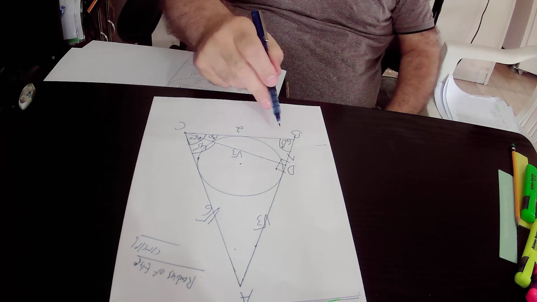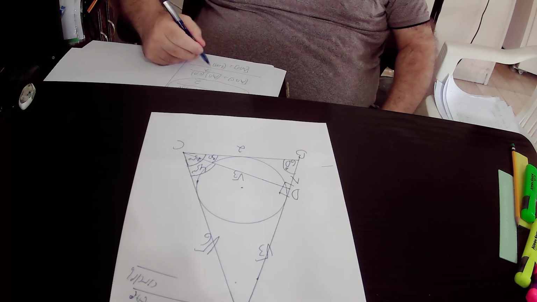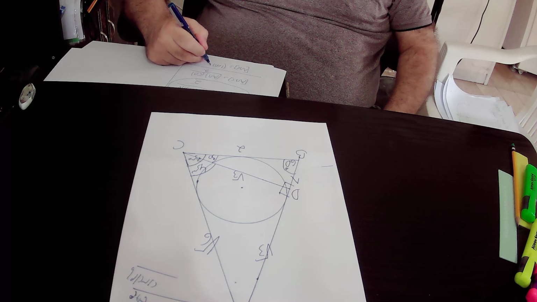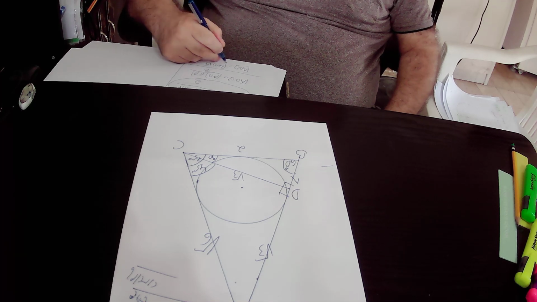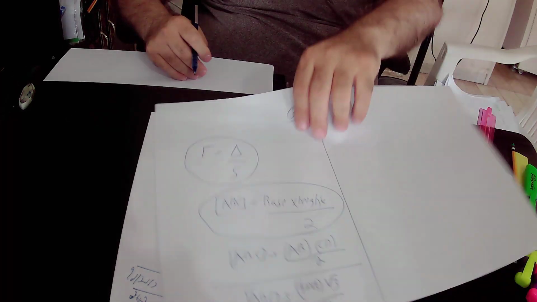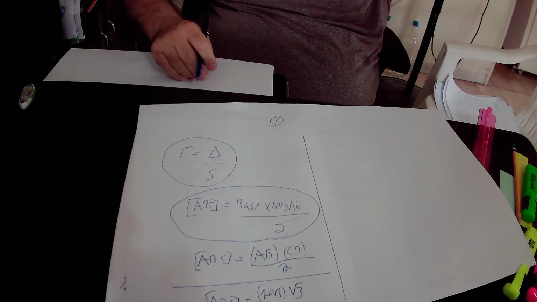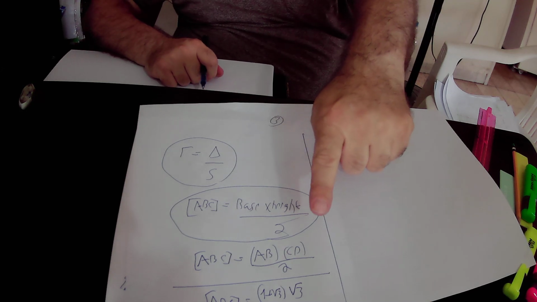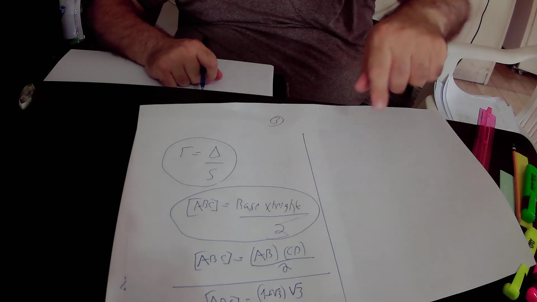We already found out that CD equals square root of 3 units, so we substitute CD by square root of 3 over 2. So in conclusion, the area of triangle ABC equals 1 plus square root of 3 times square root of 3 over 2.